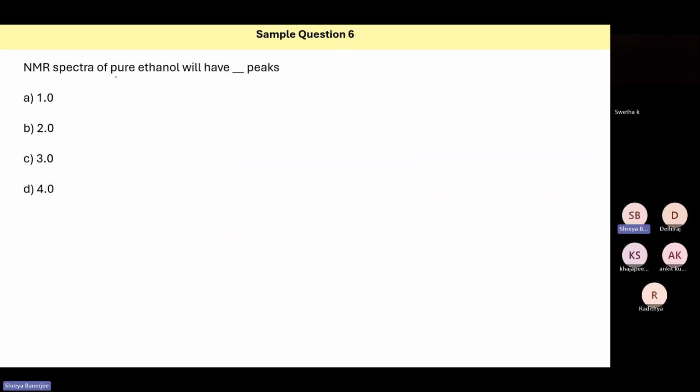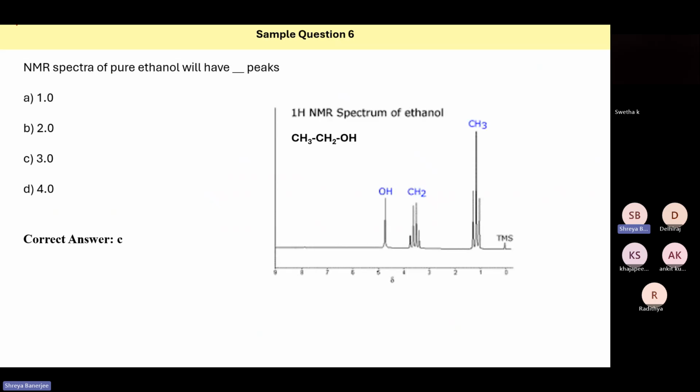Sir has already discussed in a video how many peaks ethanol will have. Clearly, ethanol will have 3 peaks because there are 3 kinds of hydrogens in it. The hydrogen that is directly attached to oxygen is most downfield shifted because oxygen is electronegative.